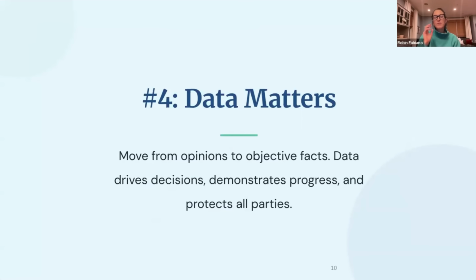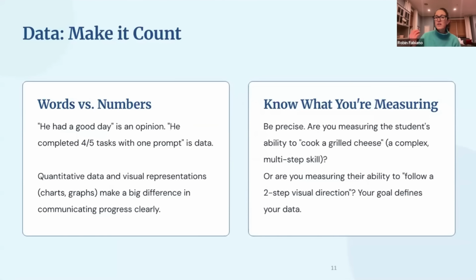We want to help people, especially when there are disputes or questions about progress, questions about FAPE. We want to move from opinions to data and fact-based measures, and data protects everyone. Words certainly communicate something, but data that you can hopefully even represent visually over time communicates much more effectively.